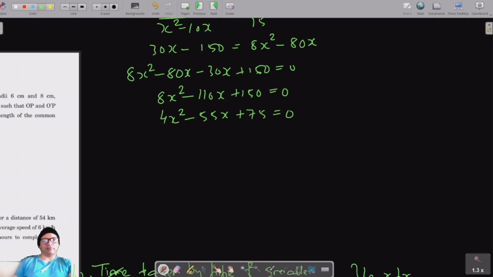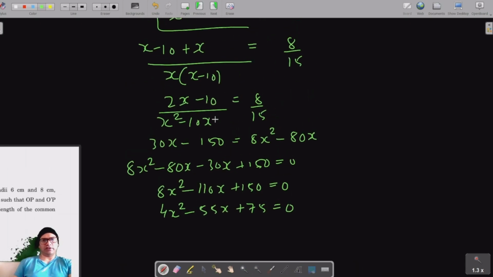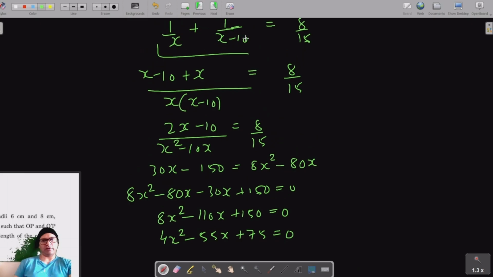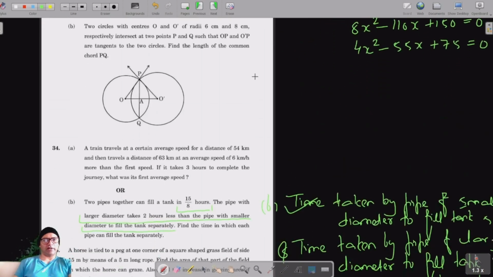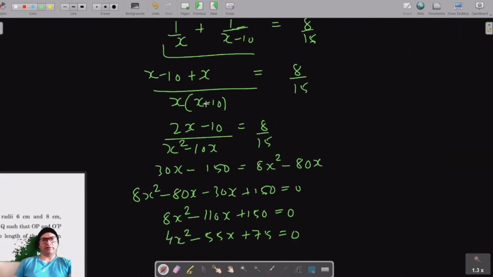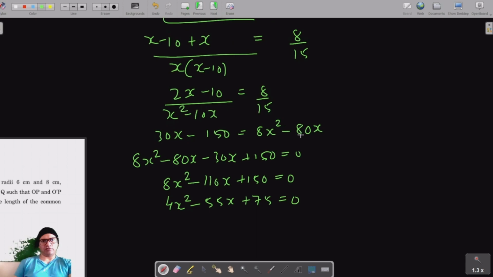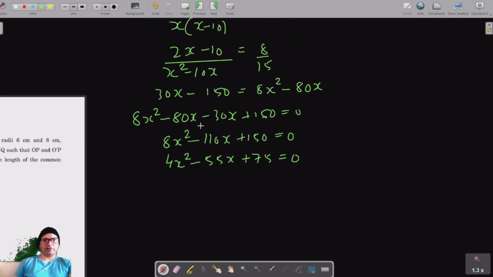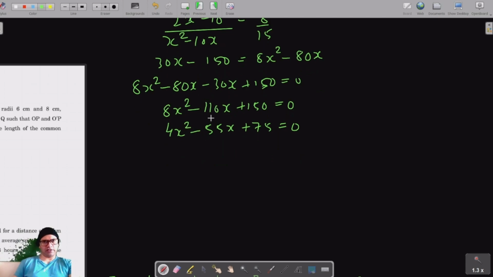Let me check it once again, taking the LCM, x minus 10 plus x, 2x minus 10 upon x squared minus 10x is equal to 8 by 15, giving the same result.